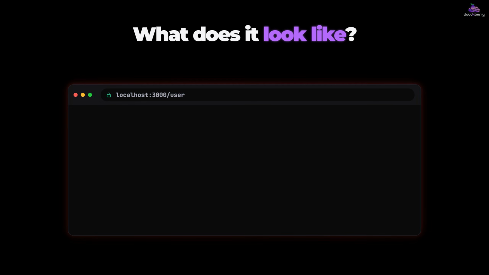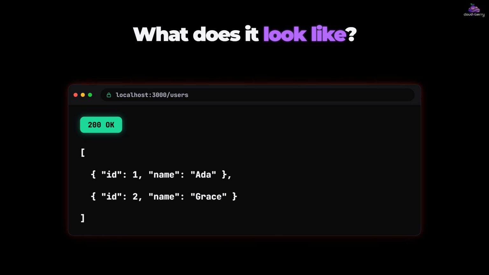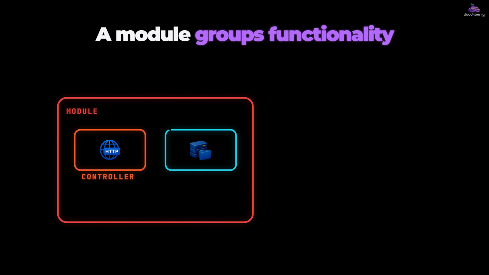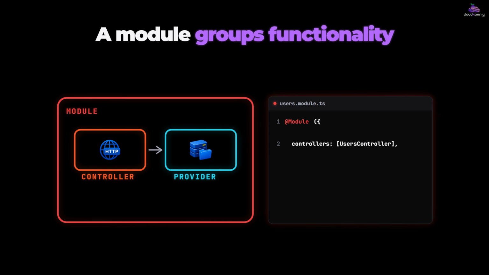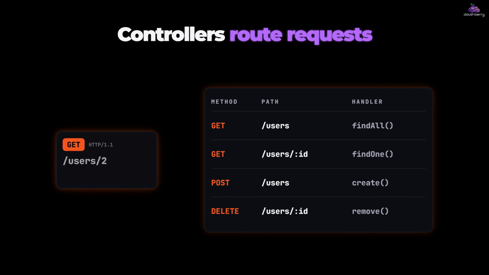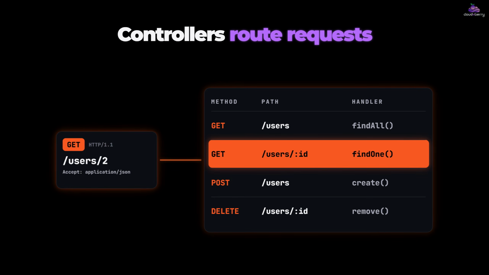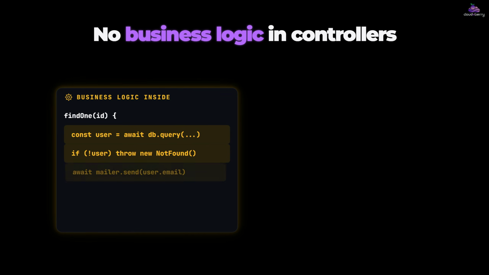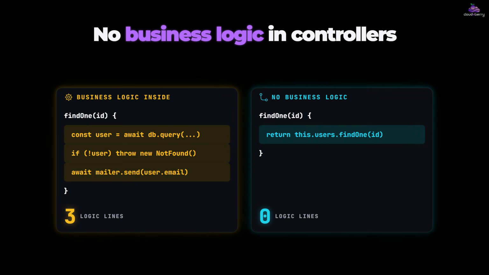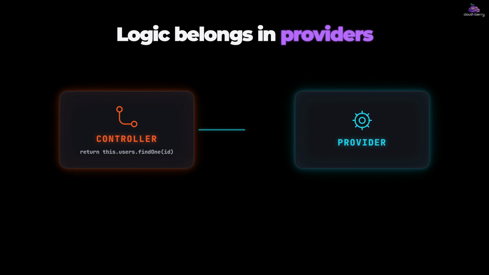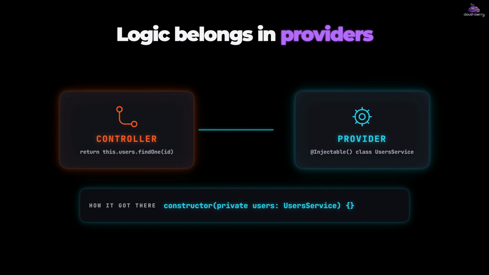So what does a NestJS application actually look like? At the center are a few important building blocks. A module groups related functionality together. Controllers handle incoming HTTP requests and decide which operation should run. They should generally avoid containing the application's business logic. That responsibility usually belongs in providers, commonly implemented as services.